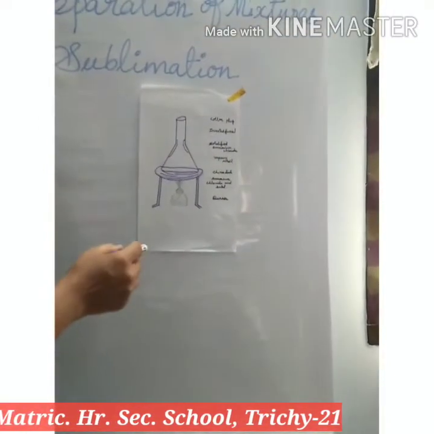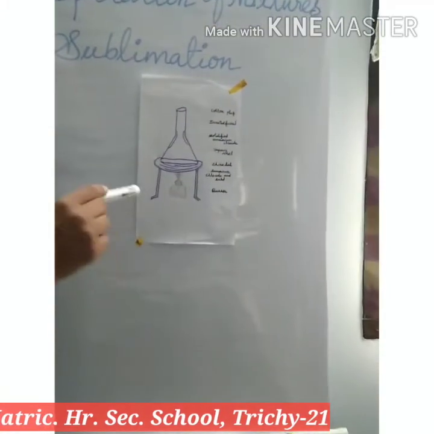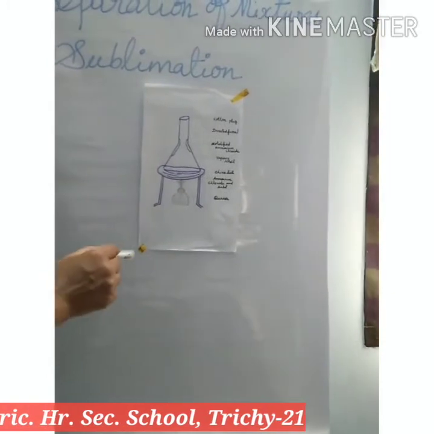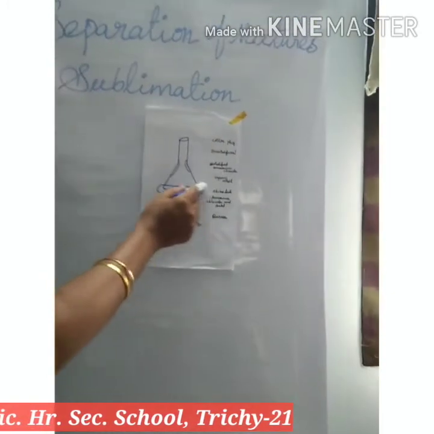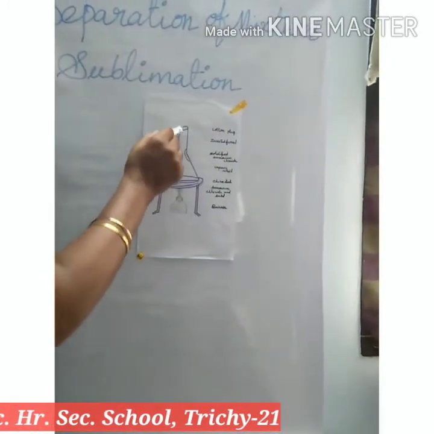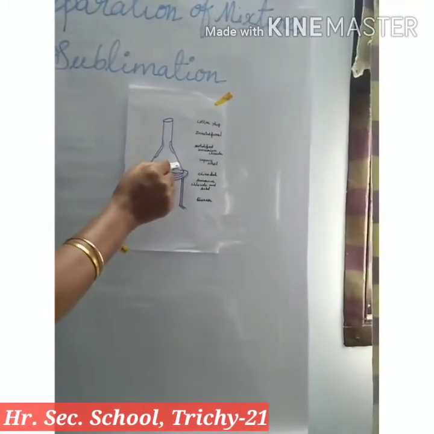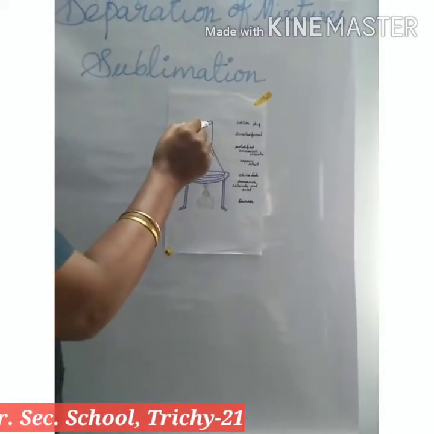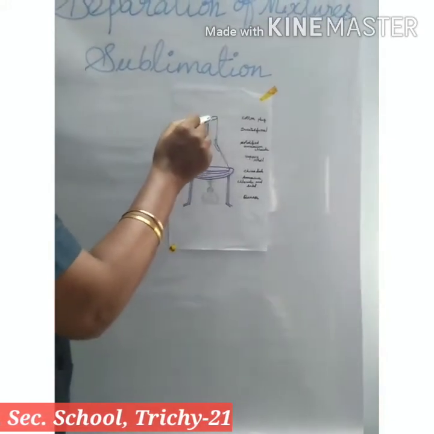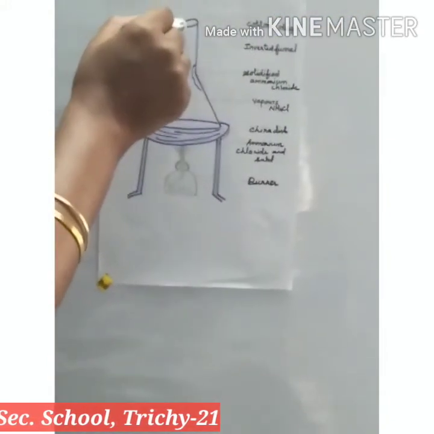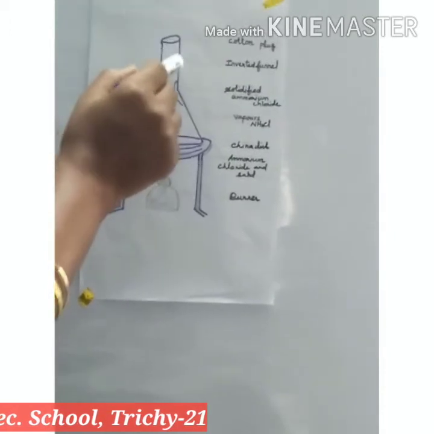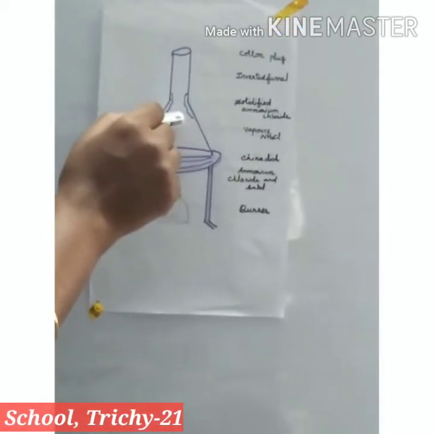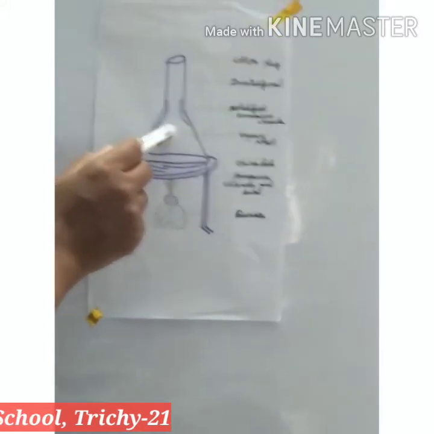I do one activity: how to separate a mixture of ammonium chloride and sand. One china dish is placed over the funnel in an inverted direction. The end of the funnel is closed with a cotton plug. Inside the funnel, an asbestos sheet is placed.